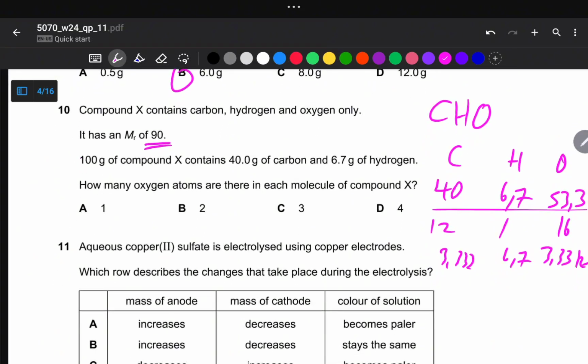So we divide by the smallest. This one becomes 1, and then 6.7 divided by 3.33 becomes 2.01, and this one becomes 1. So we round to the nearest whole number, which is 1, 2, 1 here. So the empirical formula is equal to CH2O. So this is the empirical formula.